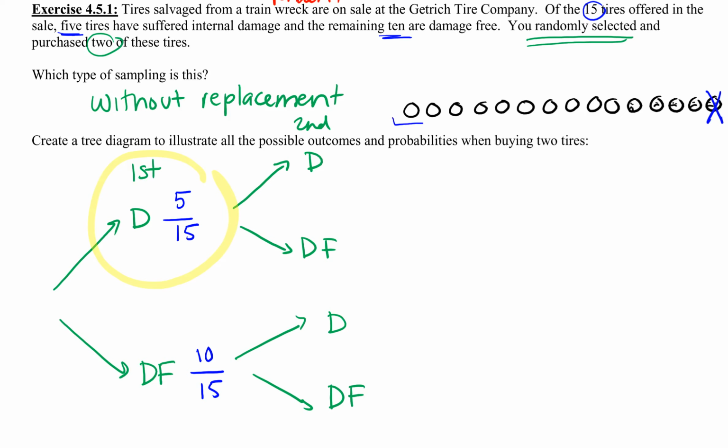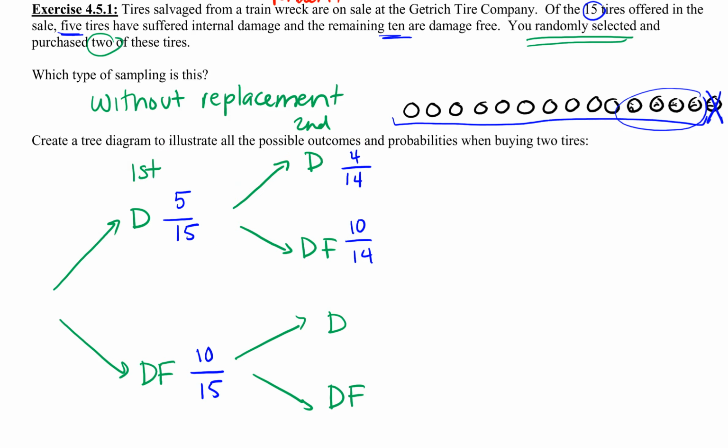So when I go to do my next probability, I have to think about the remaining 14 tires. What's the probability that the one I grab is damaged again? Well, now there are only 4 damaged tires left out of the total 14. Versus damage-free, there's still 10 of those, right? Out of the 14. So again, these still sum to 1 just like they did before.